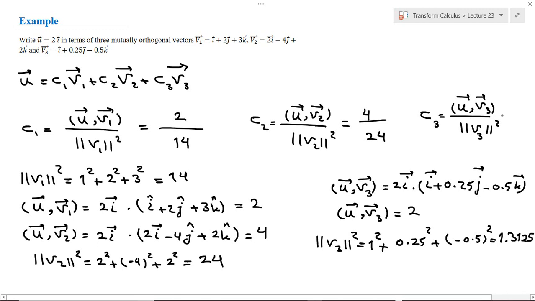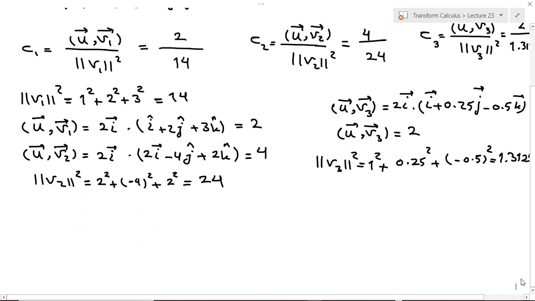As a result, C3 is equal to 2 divided by 1.3125. So we could find C1, C2, and C3.